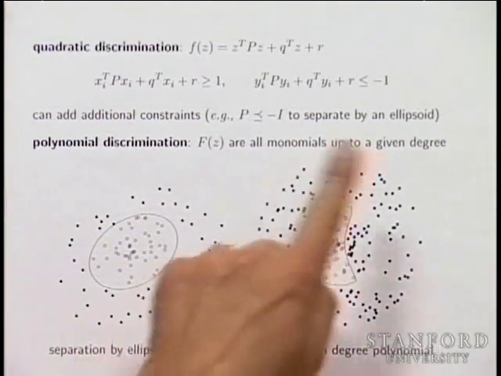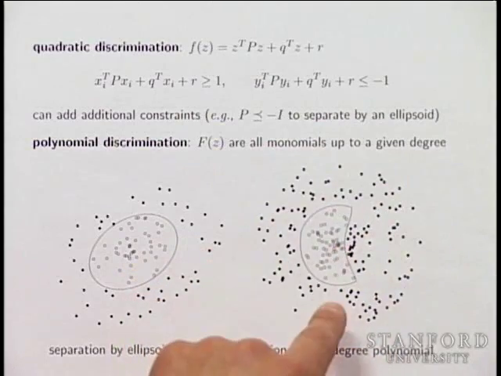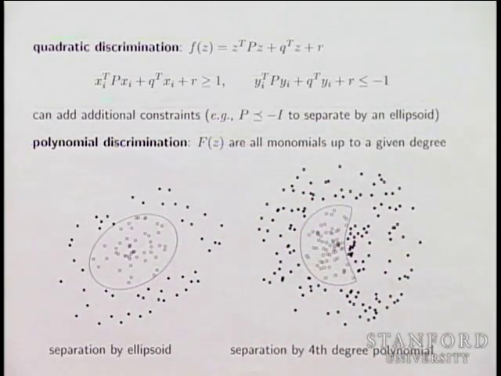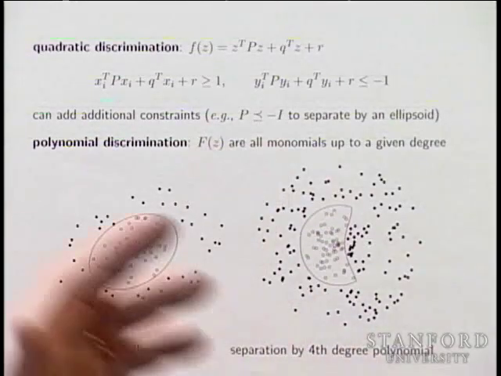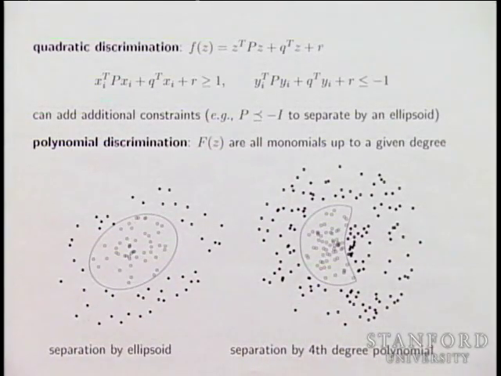Okay. Here's another example where there's a bunch of data here, and this is separation by a 4th degree polynomial. For example, there's no 3rd degree polynomial that separates them. So you could clearly solve by quasi-convex optimization the problem if someone says, find the minimum degree polynomial to separate these sets.